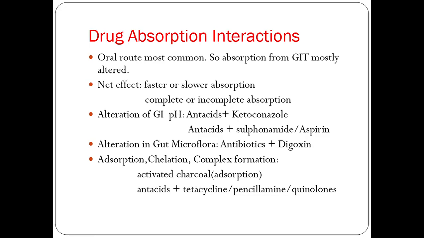If you give antacid, the pH of the GI tract will change and it will hamper the absorption of ketoconazole. If you give antacid along with aspirin or sulfonamide, the absorption of aspirin and sulfonamide will be decreased and the efficacy will be decreased.